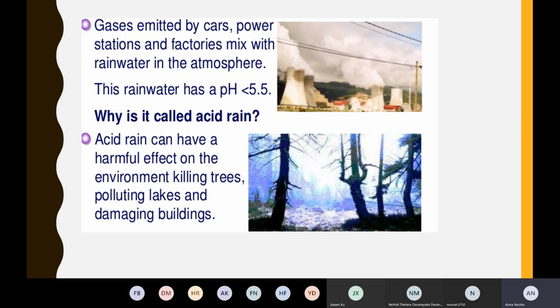Two of them are missing today. Okay, so can the soil be acidic also? If the soil is acidic, how will you make that acidic soil neutral to make it work for you?